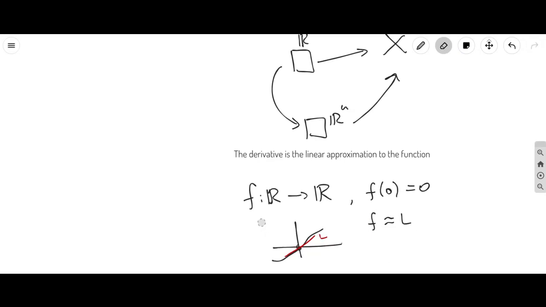And it's very common in analysis to investigate the properties of your function by investigating the behavior of its linear approximation. That's how you prove a lot of the theorems about functions in analysis. And if it does not map 0 to 0, then you just translate it, so it's going to be an affine version of it. It's not a big deal.